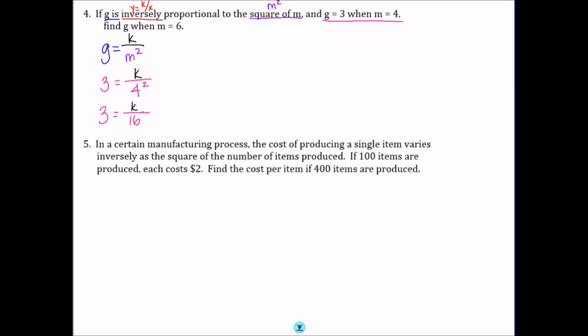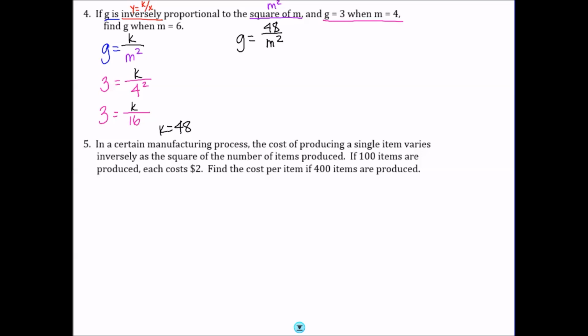Then we need to multiply both sides by 16, and we end up with k equals 48. So we can write out our equation of variation. We have g equals 48 divided by m squared.